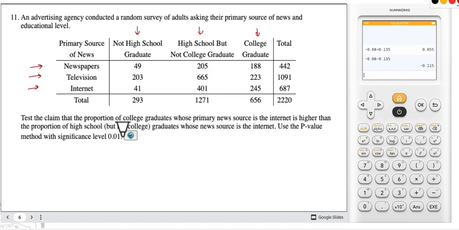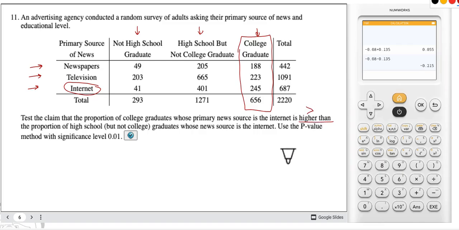Test the claim that the proportion of college graduates, so since we're talking about college graduates, we'll just highlight this column, or encircle it in a box, whose primary news source is the internet, so we're focusing on internet, is higher than, that's the greater than symbol, right?